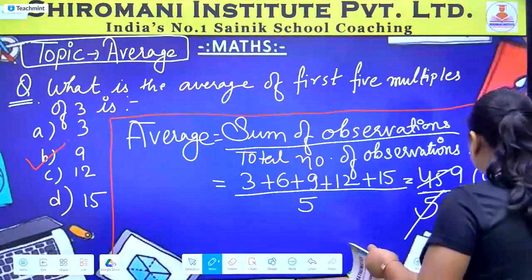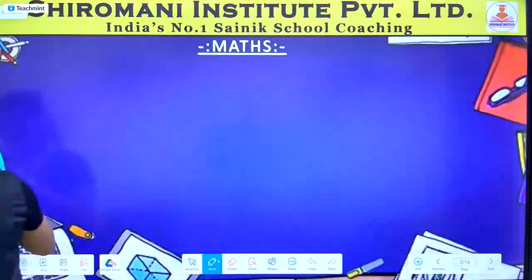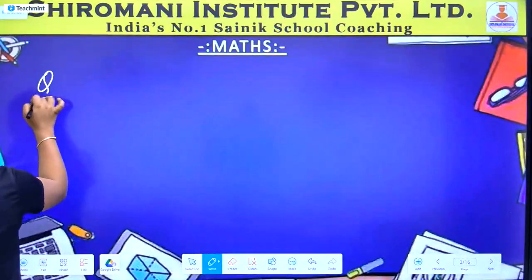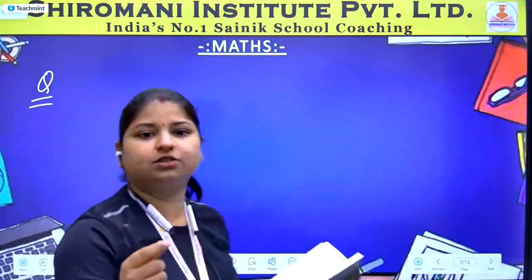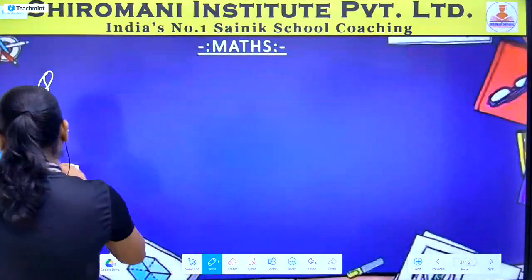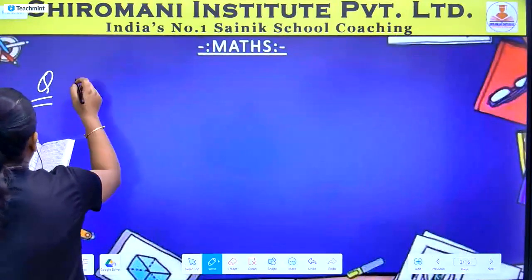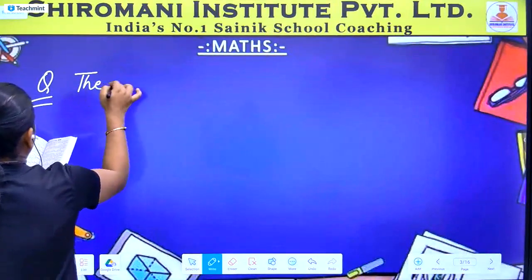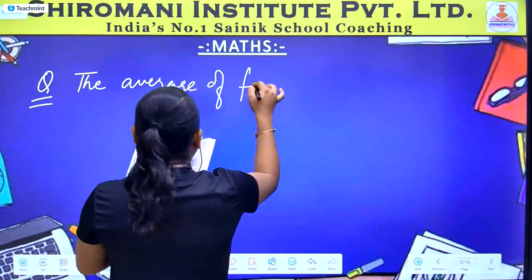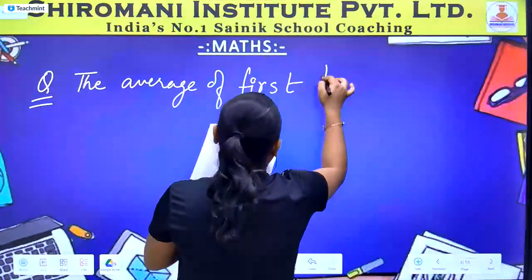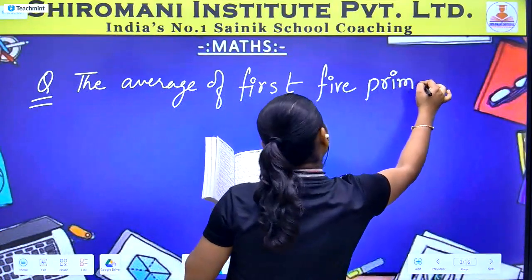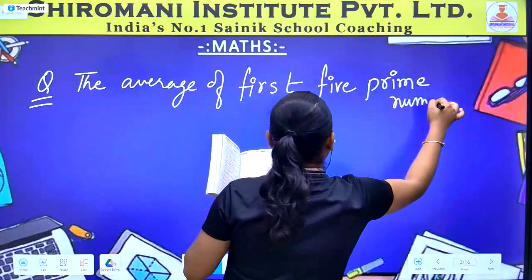Okay, one more question just to warm you up. This question has come in RMS in 2 years, in 2018 and also in 2021. The average of the first 5 prime numbers.